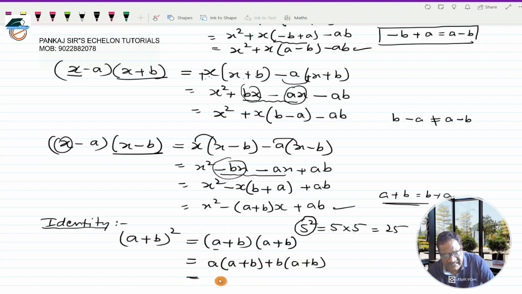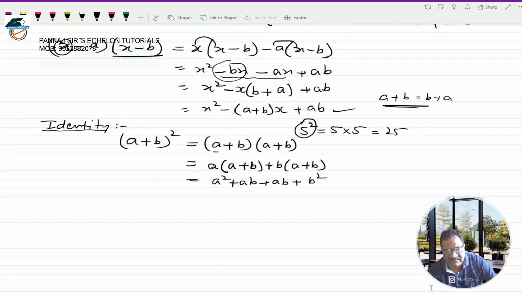Then remove the bracket, a into a will be a square, plus a into b will be ab, then plus b into plus a will be plus again ab, and plus into plus is plus and b into b is b square. Got it? Now this final answer can be written as a square. Now this is AB and this is AB.